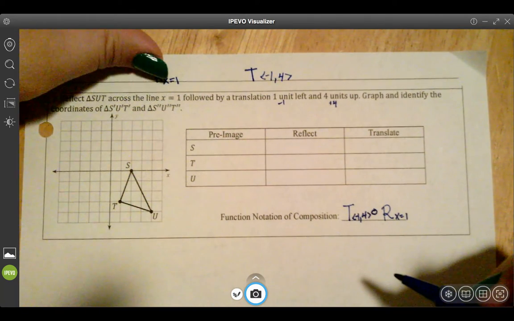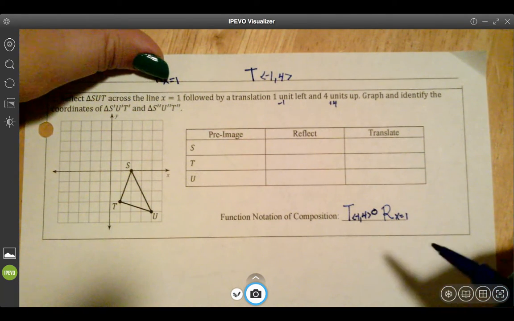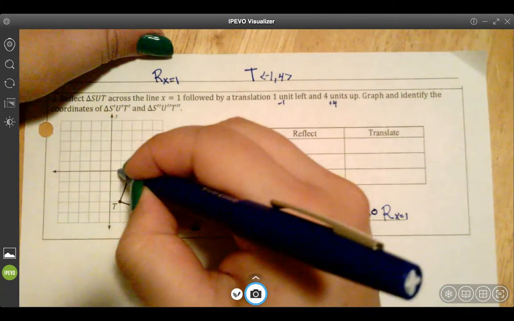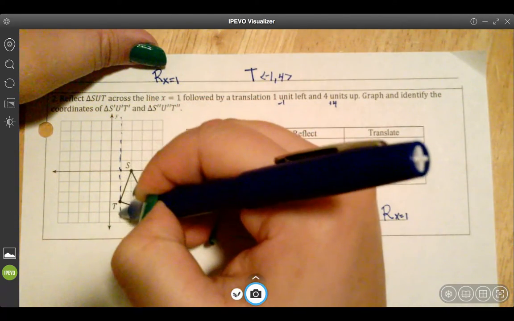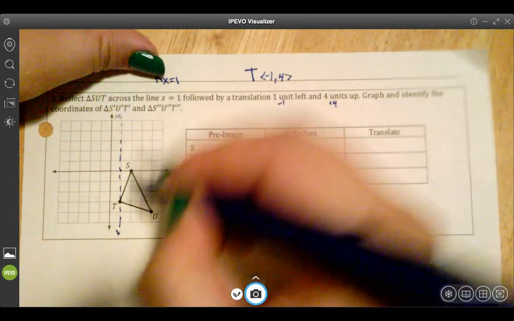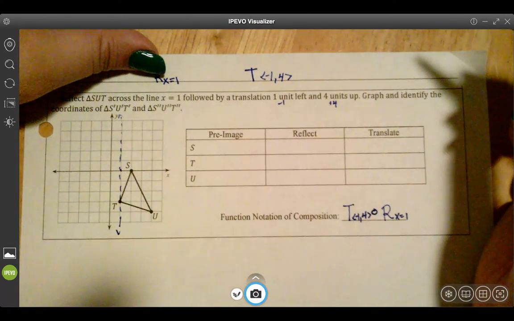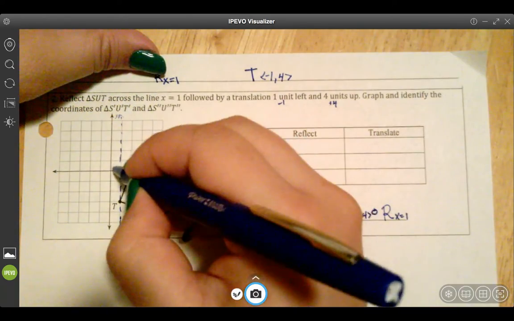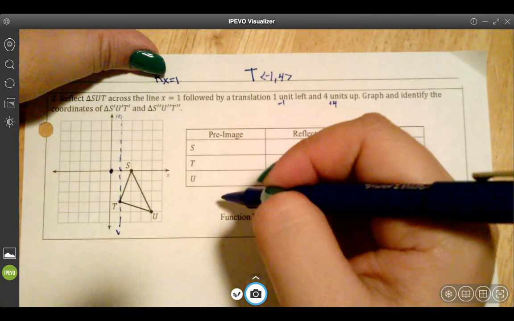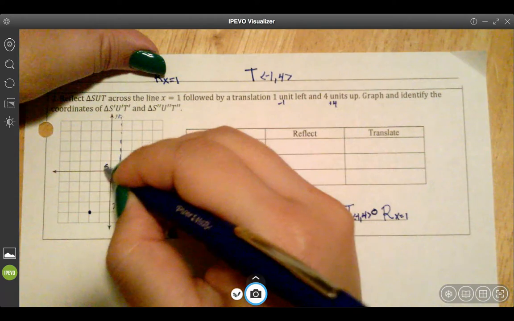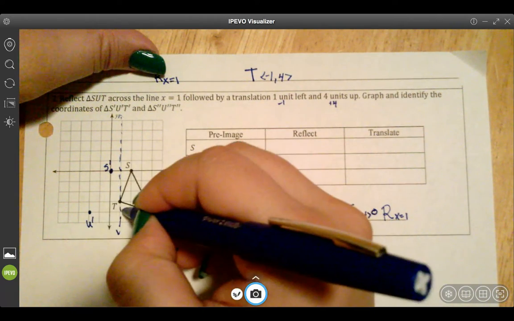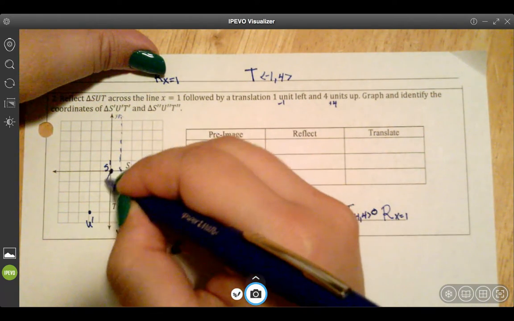So first we're going to reflect across the line x equals 1. We need to find that line. Here's where x equals 1. Here is our line of reflection. T is on that line, so it will stay where it is. S will go 1 unit away. U is 3 units away. S prime, U prime, T prime.